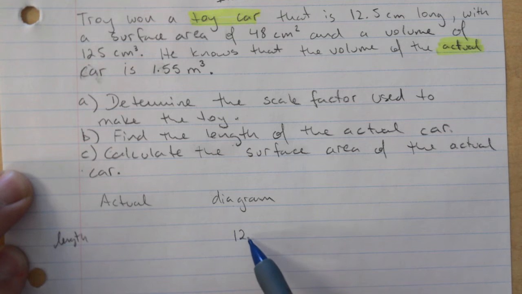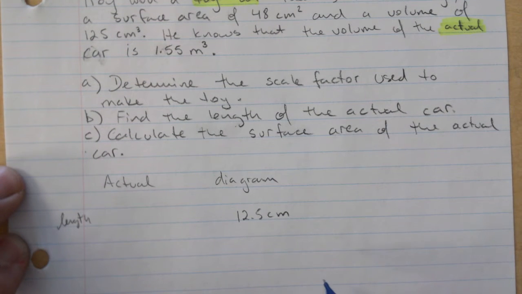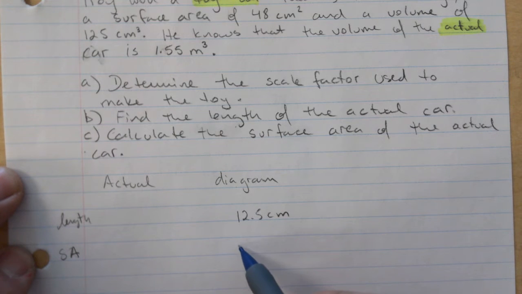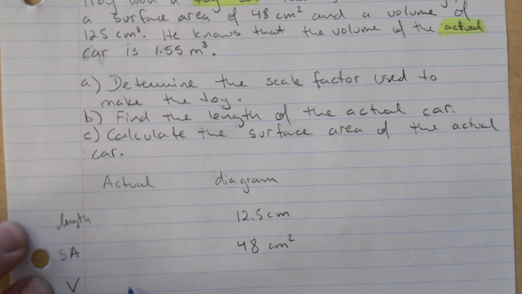The diagram is 12.5 centimeters. Then we're talking about the surface area. I know the surface area of the diagram, which is 48 centimeters squared. Units are very important to us. And volume, I know the volume of the toy car, which is 125 centimeters cubed.